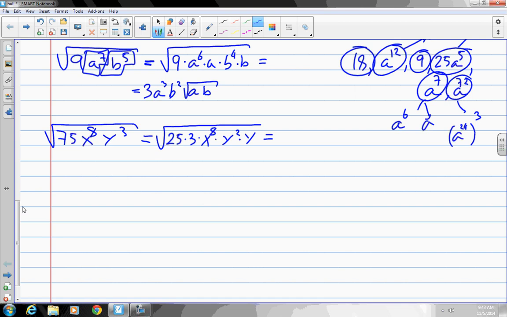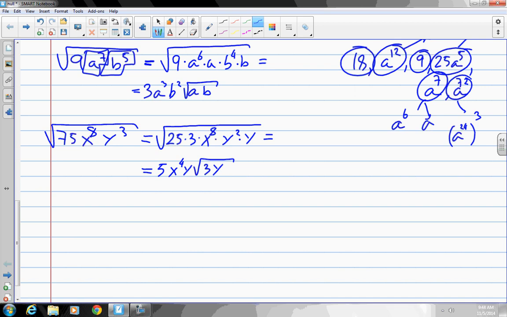So we can take the square root of 25, comes out as 5. We can take the square root of x to the power 8, comes out as x to the power 4. And then we can take the square root of y squared, comes out as y. And then we still have 3 and another y under the square root.